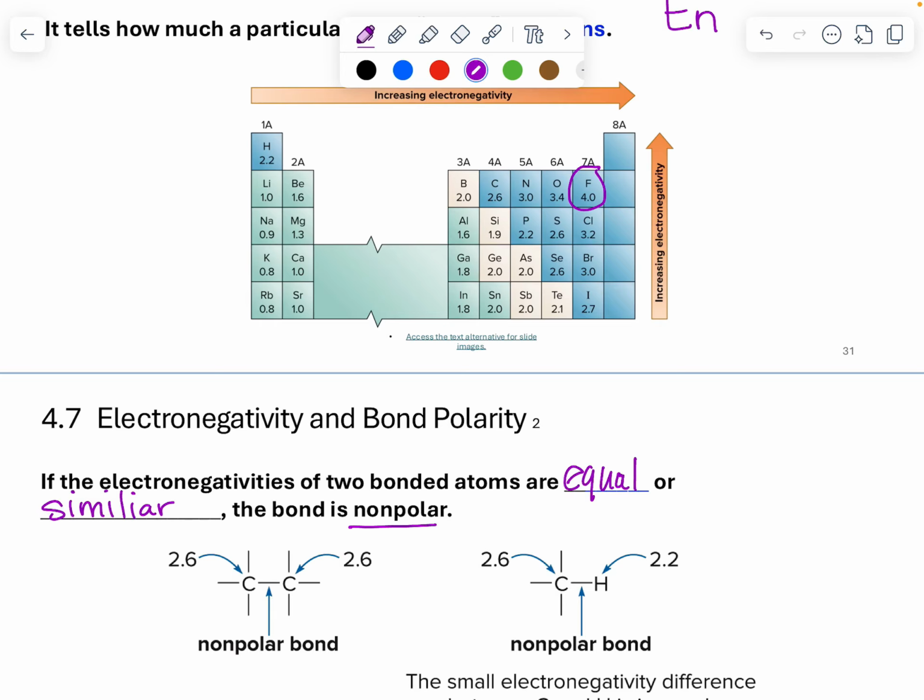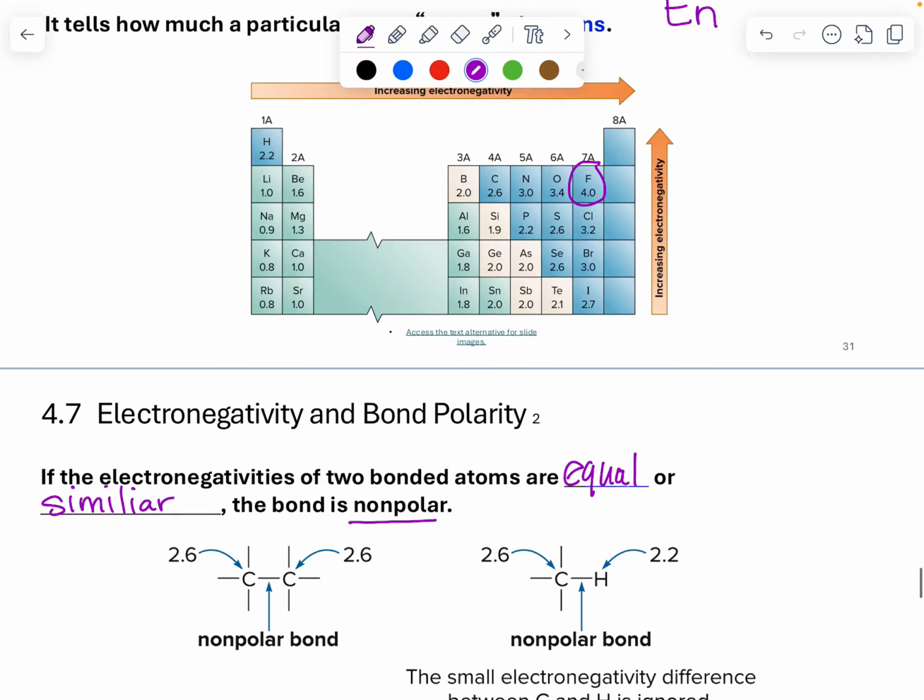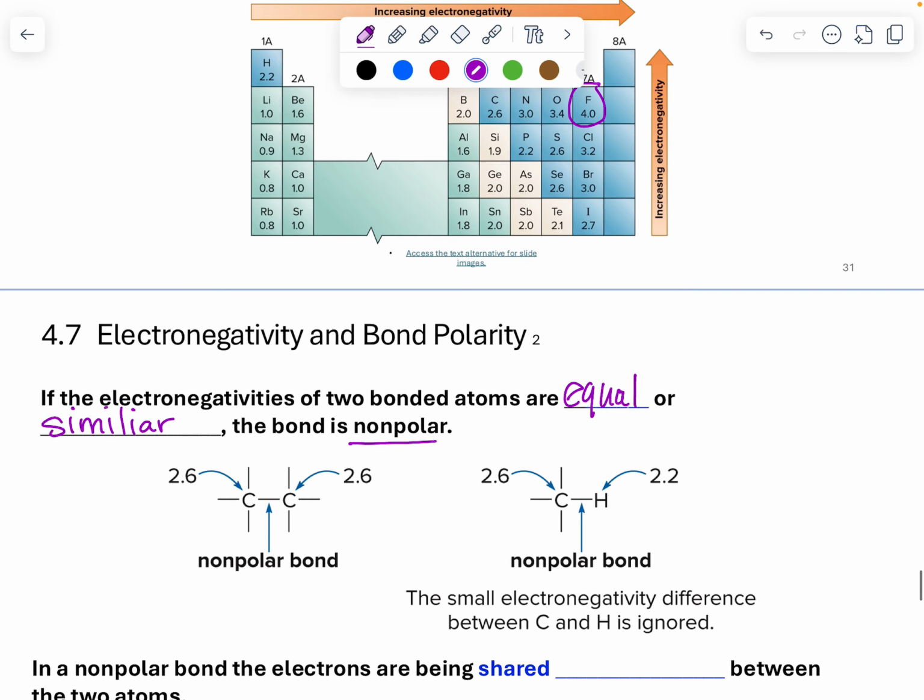And so we can take those electronegativity values and subtract them from each other to find the difference in electronegativity. And of course, the difference between C and C would be 0. And so in this case, their values are equal, and therefore this is a nonpolar bond.